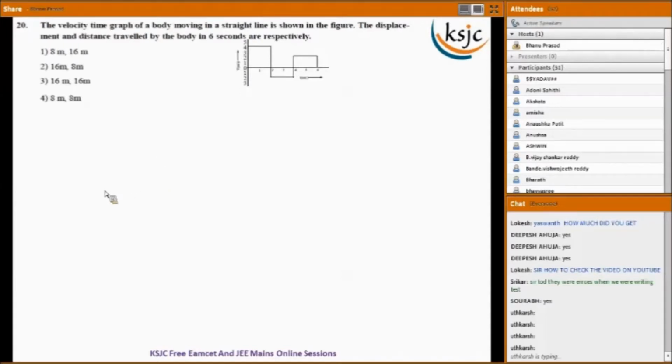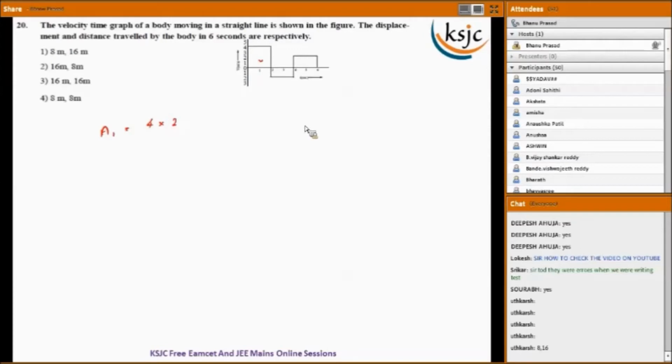So you calculate the area above the x-axis first. Look at the figure, in this area I am calculating first. That is A1, let's say, equals 4 into 2.